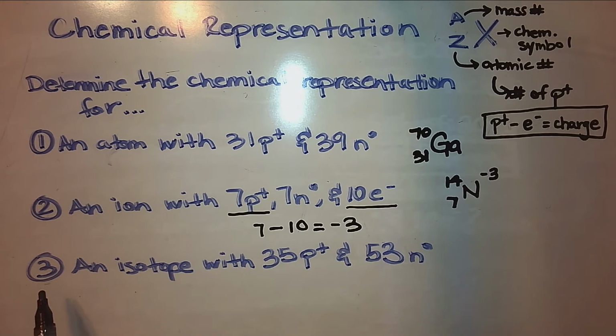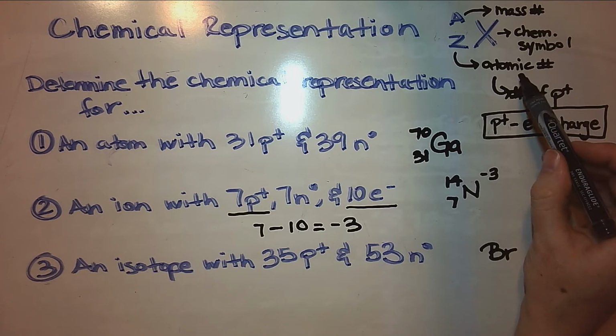All right, number 3. We're still determining the chemical representation. This time we're told it's for an isotope with 35 protons and 53 neutrons. As always, I need to find out what element I am dealing with. So I look on the periodic table for the element that has 35 as its atomic number and proton number. And it's bromine, which is expressed with this Br.